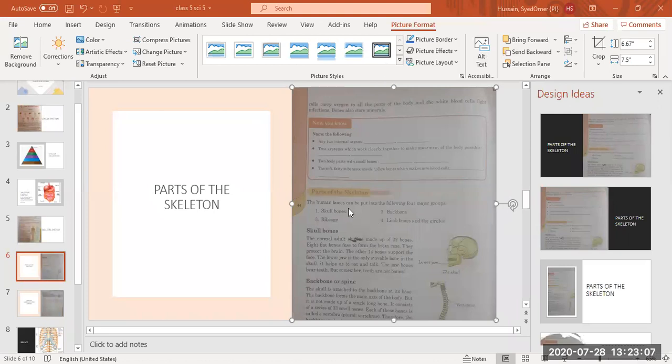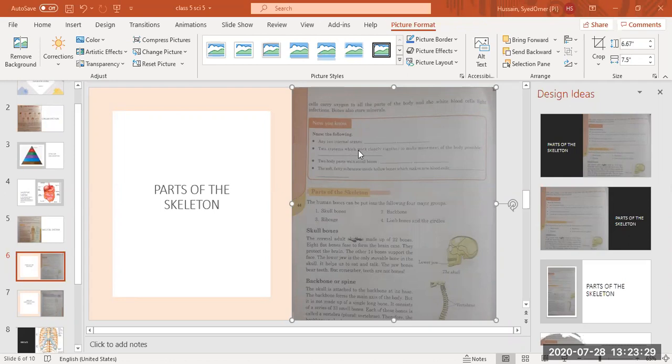Now the human bones can be put into the following four major groups. If you had a problem with the blanks, I will repeat once. If someone left a blank or did not write it, they can just write it again. Any two internal organs: heart, lungs.